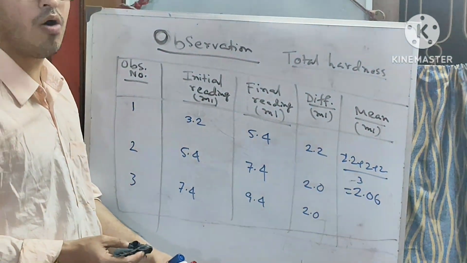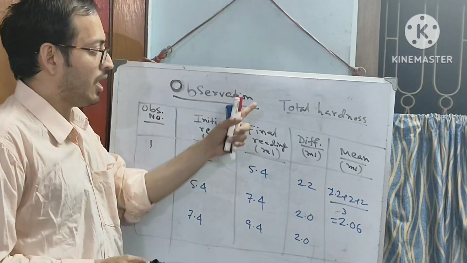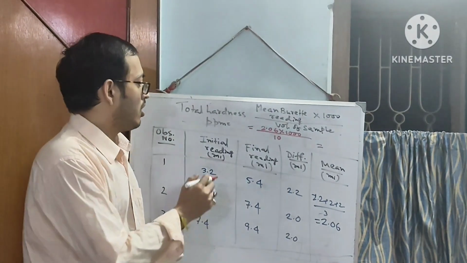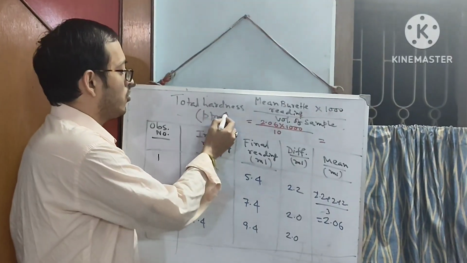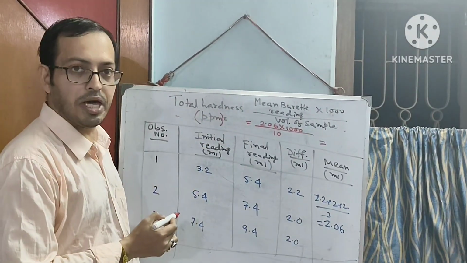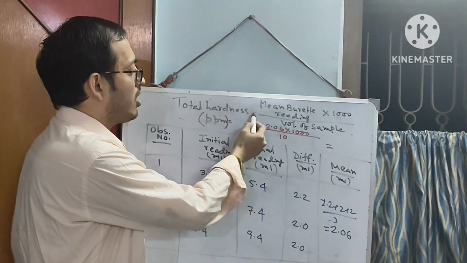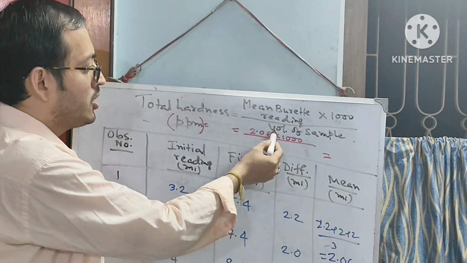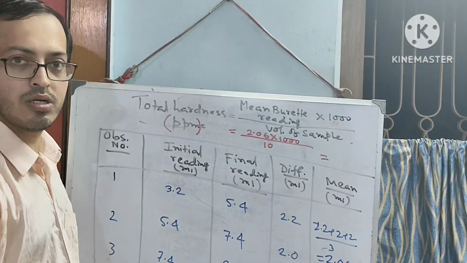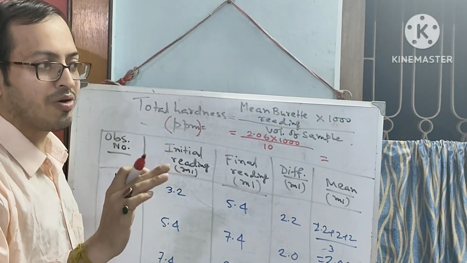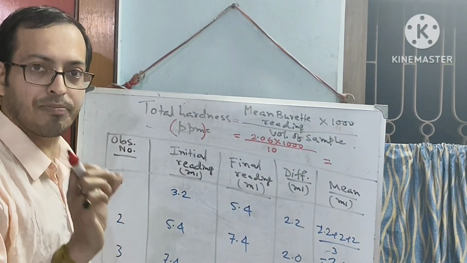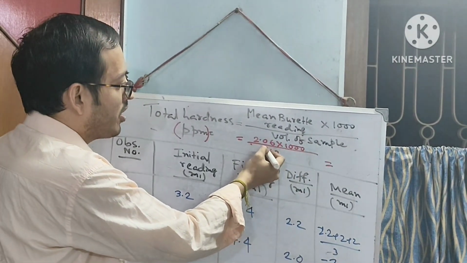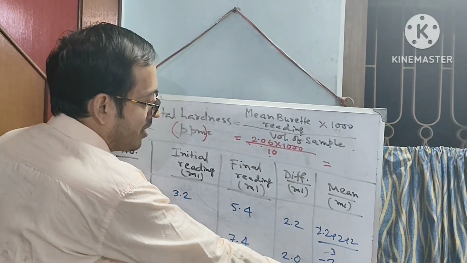So we will now calculate the amount of total hardness. What is the formula? The total hardness will be in ppm. The formula is mean burette reading into 1000 divided by volume of your sample water. And you saw that for each titration we took 10 ml of sample water, so we will put 10, and our mean burette reading was 2.06.